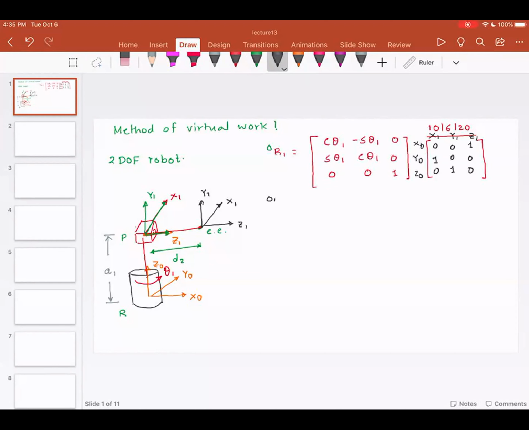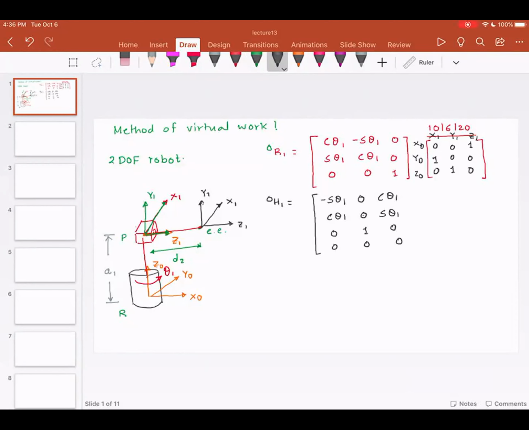Which means my homogeneous transformation matrix is going to be a product of these two matrices. First row, first column; first row, second column; first row, third column; second row, first column; second row, second column; second row, third column is sine theta 1; third row, first column; third row, second column; third row, third column; and the last row is 0 0 0.